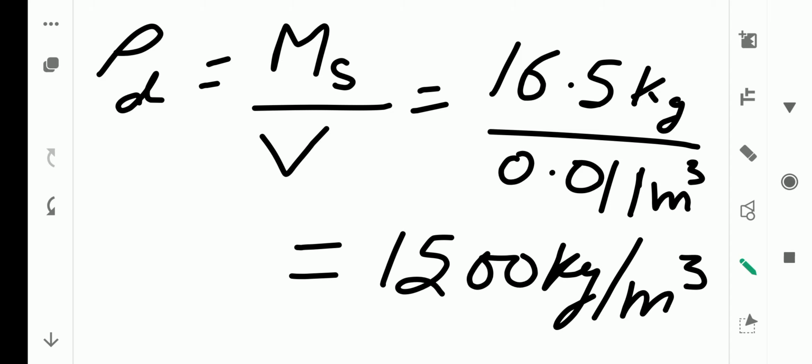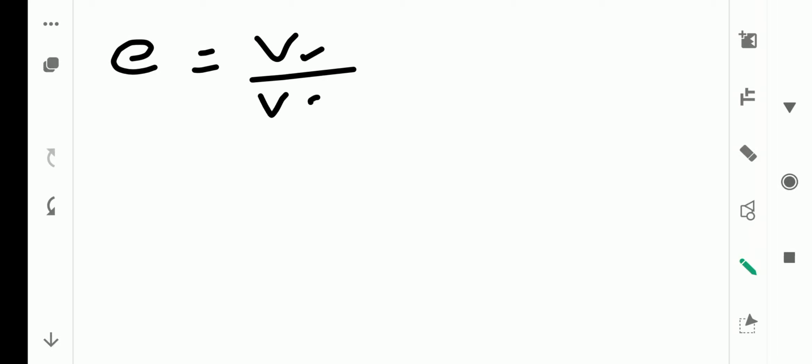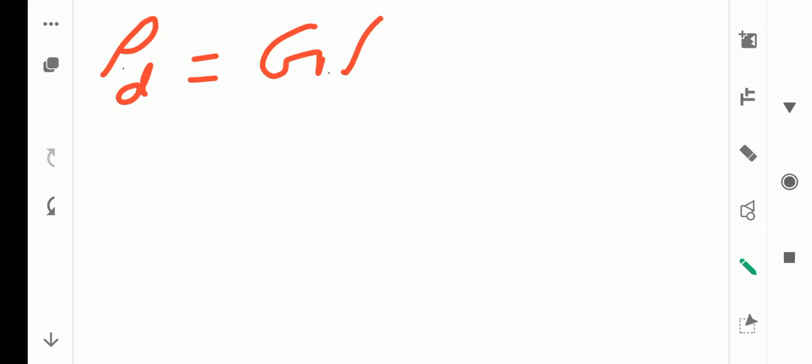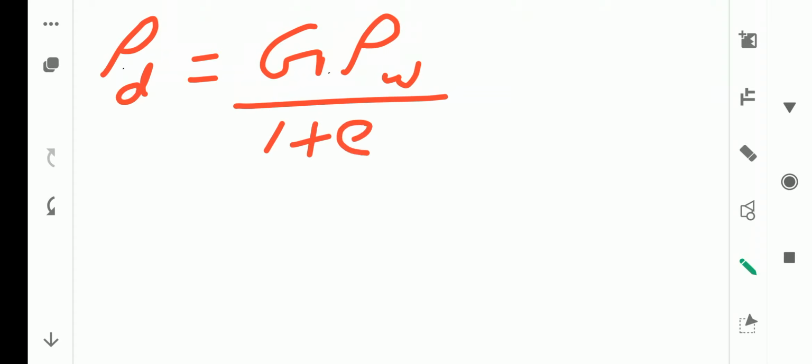Now let us proceed ahead and see how we can find the void ratio. We know the void ratio is volume of void by volume of solids, but we do not have any direct data of volume of voids or volume of solids. So let us use some other path for finding it. We know that dry density is G rho W upon 1 plus E. We have already found the dry density in the last slide.